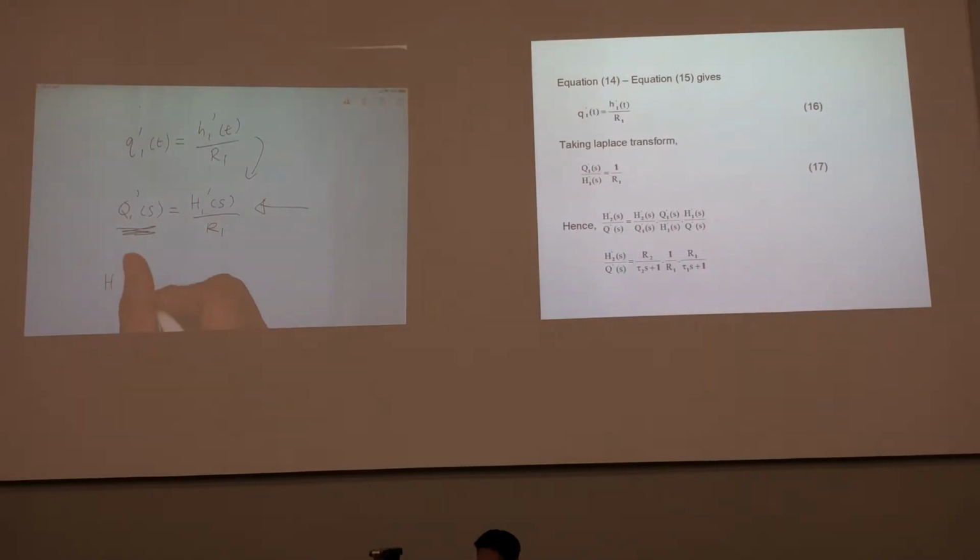If I want to have H2 prime S divided by Q prime S, this equals H2 prime S divided by Q1 prime S multiplied by Q1 prime S divided by H1 prime S, multiplied by H1 prime S divided by Q prime S.